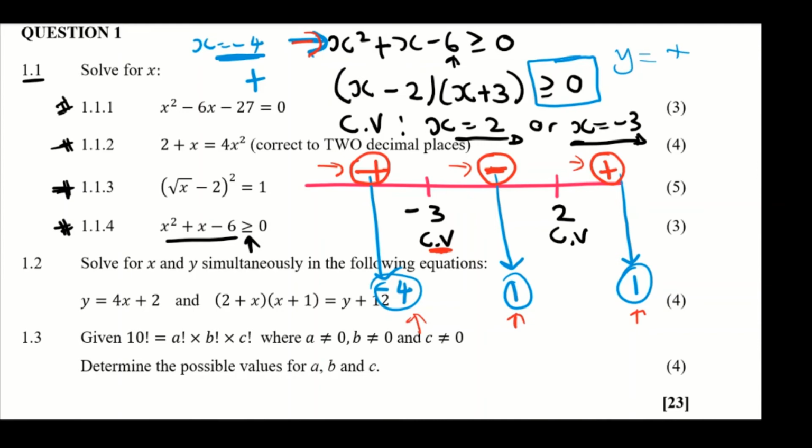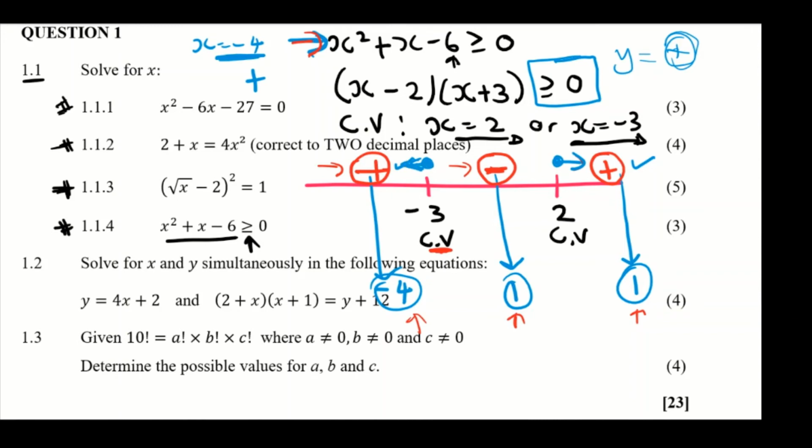So what are the values of x when solutions of y are positive? Where are solutions of y positive? They're positive here and they're positive here, right? So your x values will face the positive side.